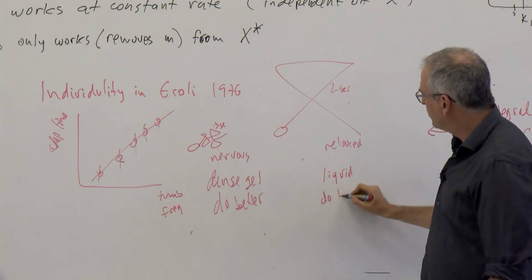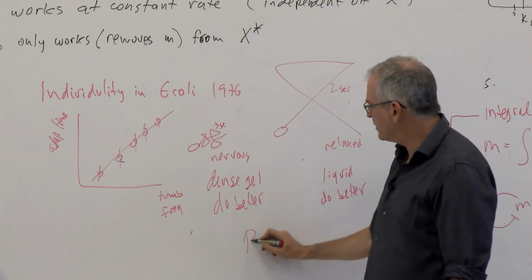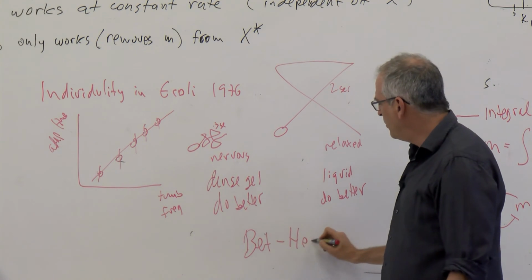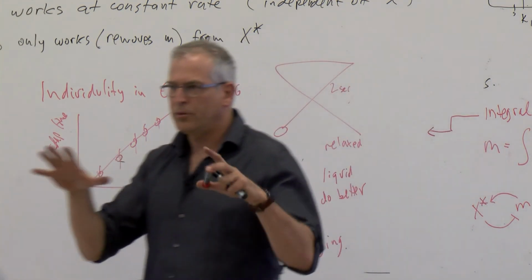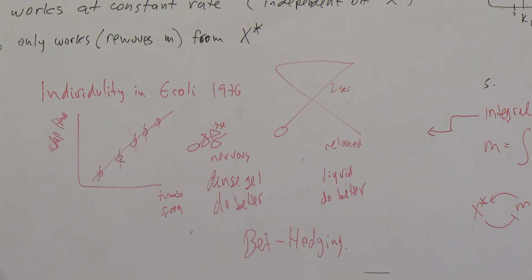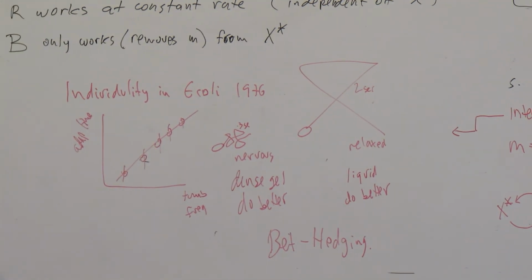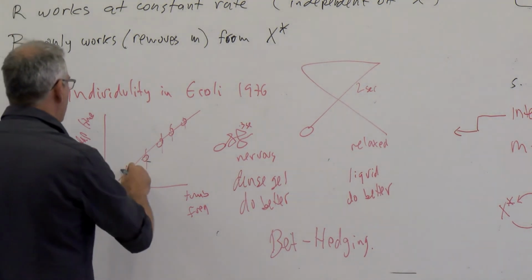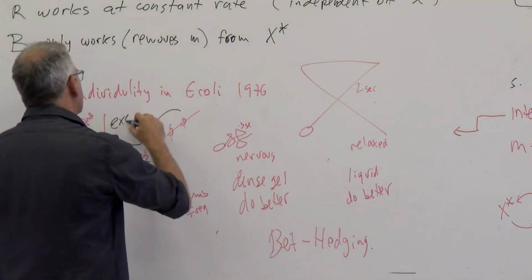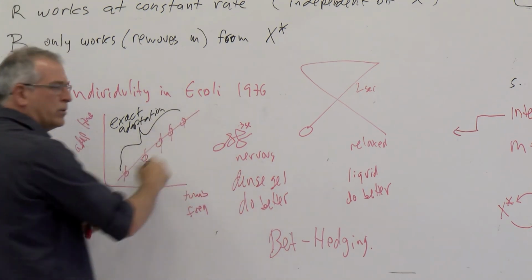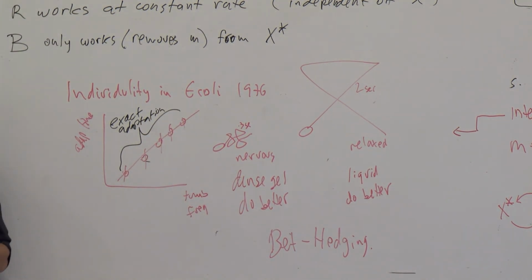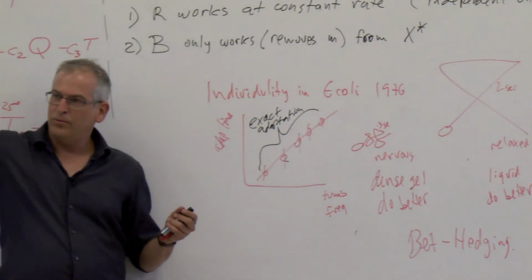This is called bet hedging, which means if you don't know what's going to happen in the future, it's unknowable, it's good to not put all your eggs in one basket and have a diversity within some limits. But all of these have exact adaptation because that works no matter what the protein levels are. And therefore, all of these can work over this 5 order of magnitude range.